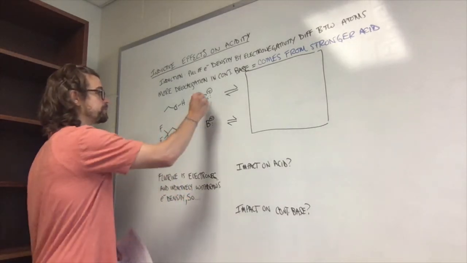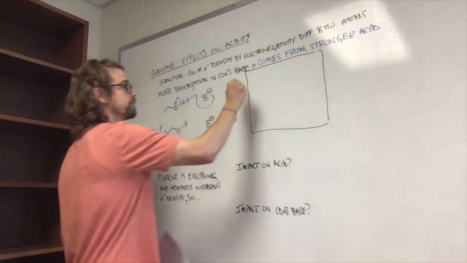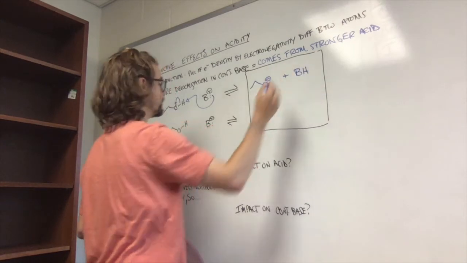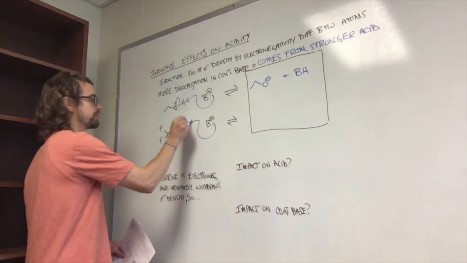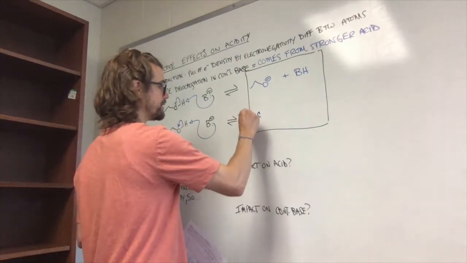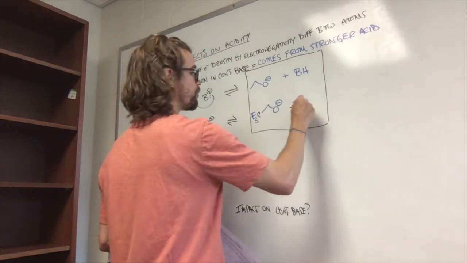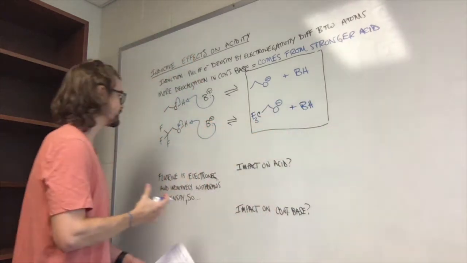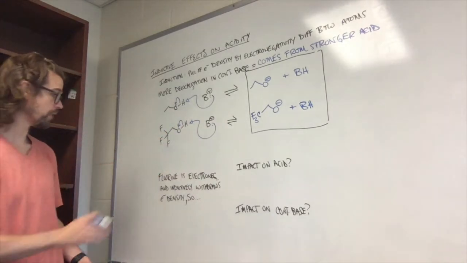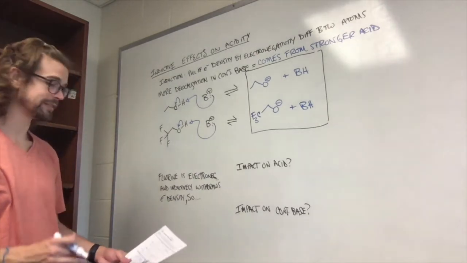Again, the base is going to grab the proton to form the conjugate base and the conjugate acid, and here is the same situation, but a slightly different molecule, with a CF3 there. So how does that CF3 impact the acidity of that OH bond? Fluorine's pulling electron density away. How does that impact the acid?